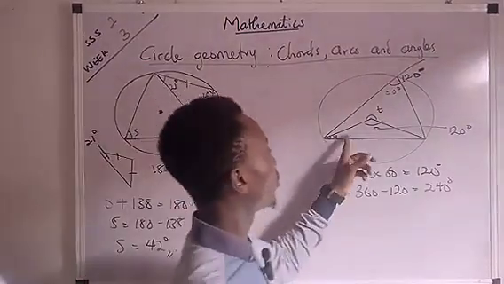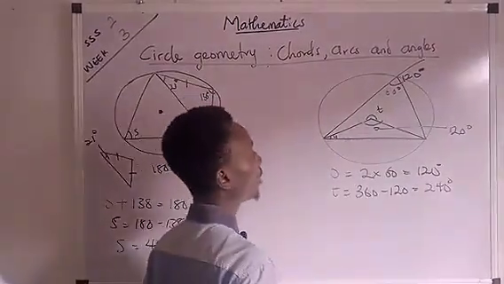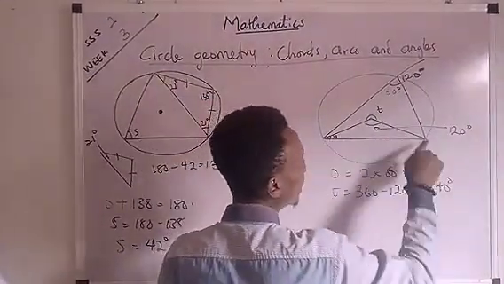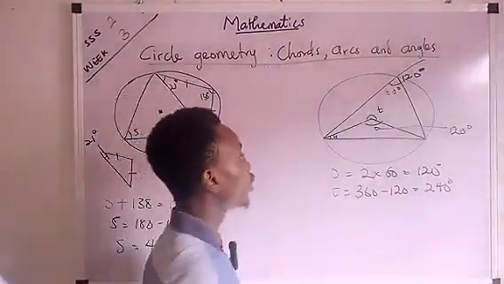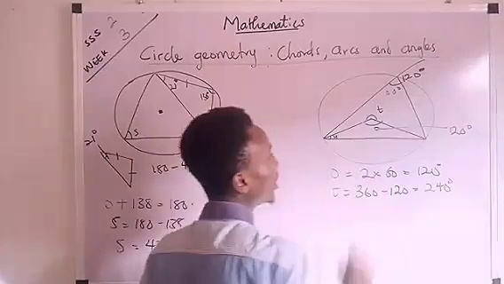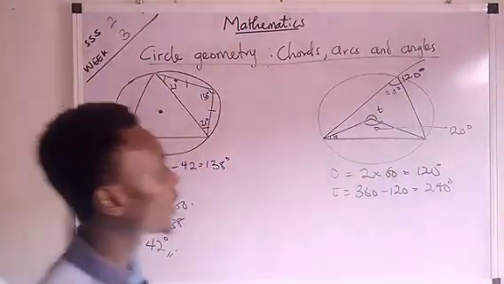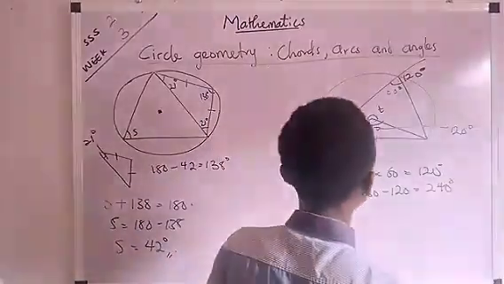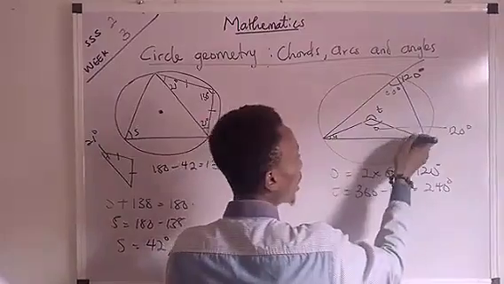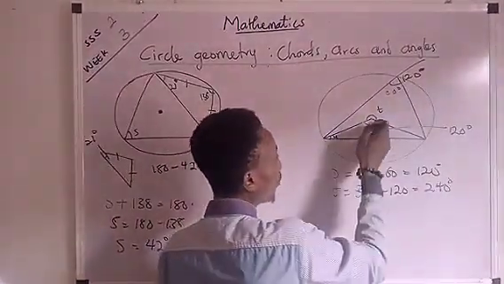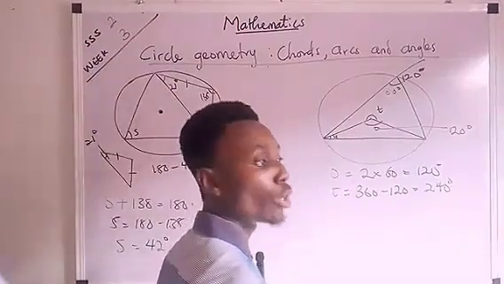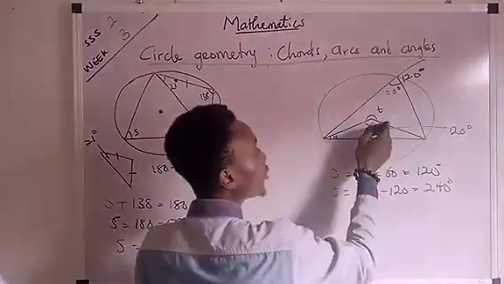Now, finding U, you might want to take this away, but it will not help you like that. You have to look at it inside the circle, because there's a theorem that says that angles in the same segment are equal. So it means this one and this one are actually equal. So you have sum of angles in a triangle to be 180, right? And you already have this one to be 120.